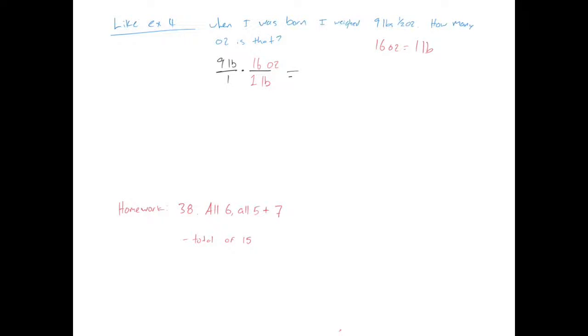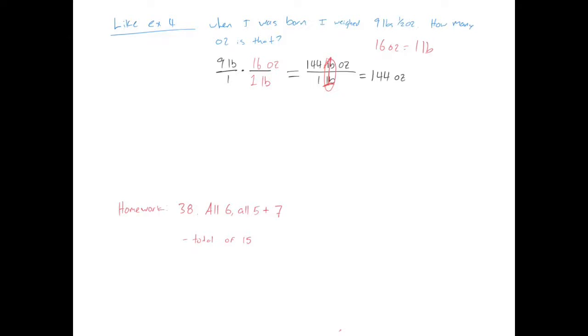So I am going to multiply 9 times 16 and get 144 times pounds times ounces over 1 pound. These pounds will reduce, it's just a 1.